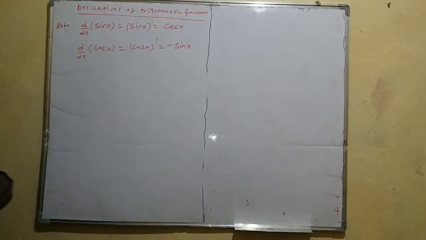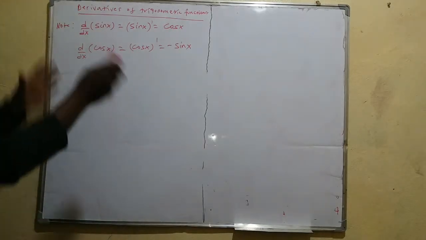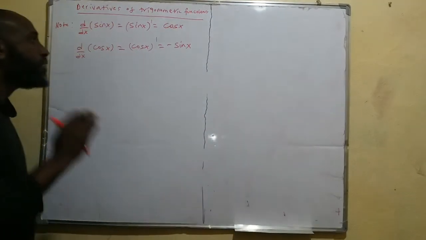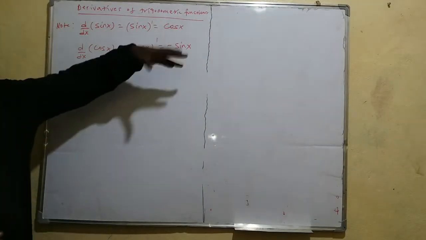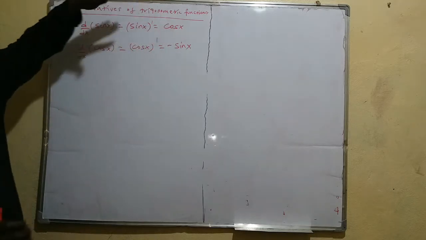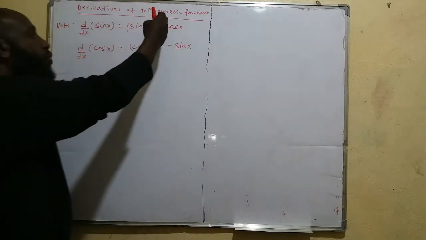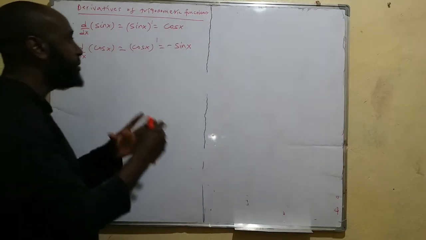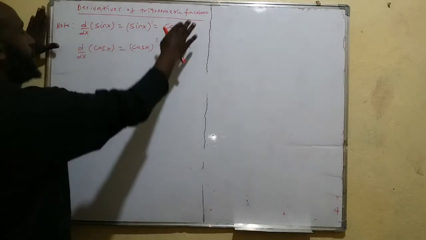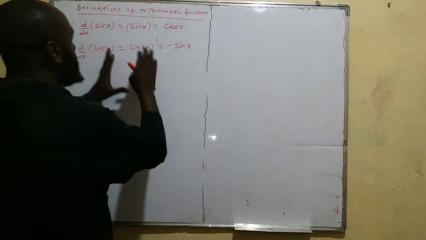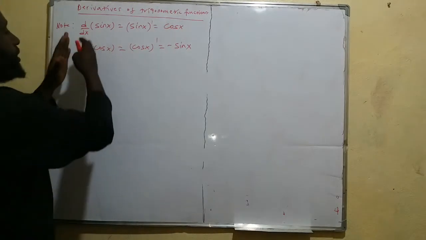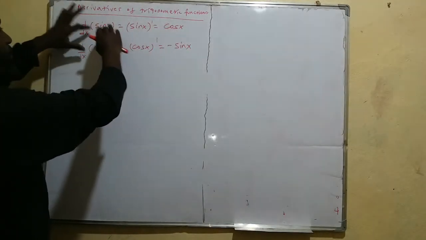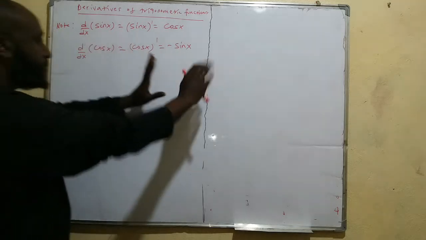The rest of the trigonometric functions like tan, cotan, sec, cosec involve either both of them, sine and cos, or one of them. So these are the foundation block for the derivative of trigonometric functions. Take this result for granted: the derivative of sine is cos, the derivative of cos is minus sin.